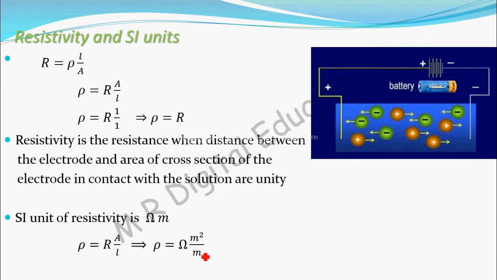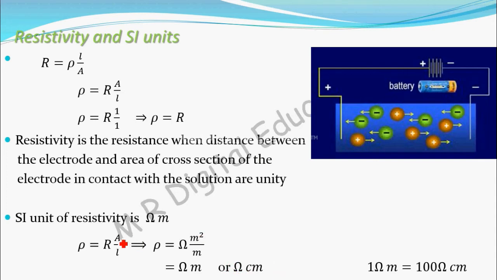The unit of length is meter, so one meter will get cancelled. What is left? Ohm meter is left. SI unit of resistivity is ohm meter.